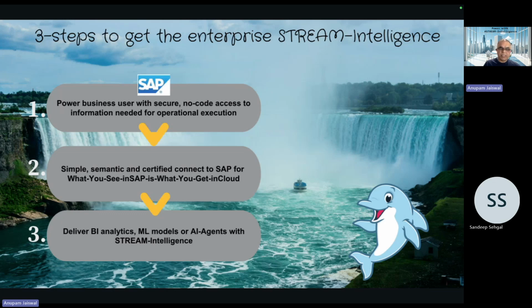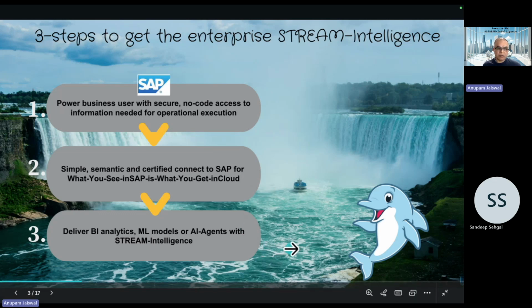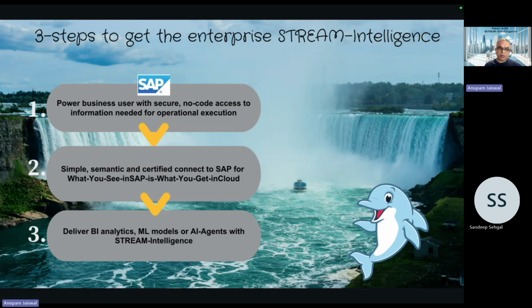So basically, what you see in SAP is what you get in the cloud. That's the powerful feature of this. And then, based on this, your team delivers BI, analytics, and ML models, which helps your business make an impact.